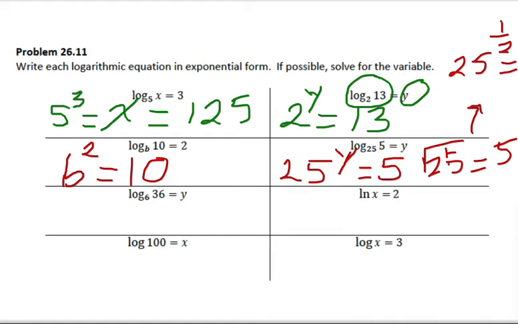Since a square root can be expressed as an exponent of 1 over 2, we were able to find the value of y. So if y is 1 over 2, then 25 to the power 1 over 2 equals 5.